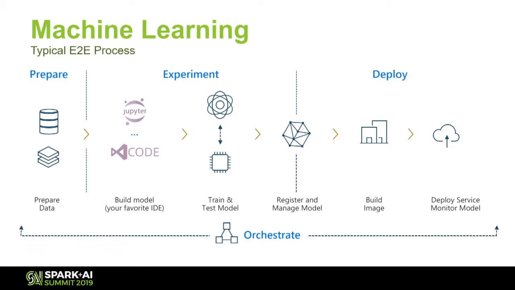And of course, in order to run lots of experiments every single day, you need to be able to train and test your models using an infrastructure that scales. Once you have done that and you have the models that you want, you will register and manage the model so that it's on the way to production. But at the same time, you also want to deal with model lifecycle management and so forth. Therefore, deployment is a huge consideration as well.